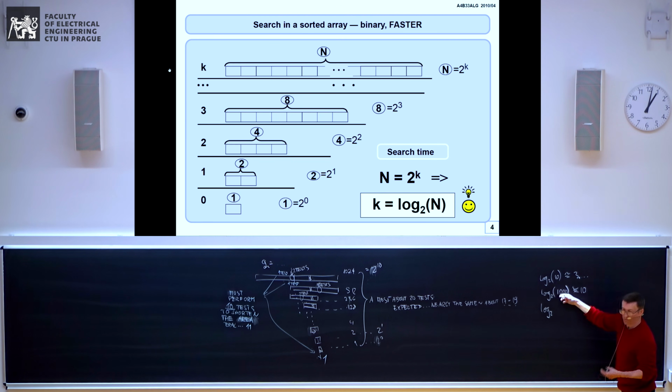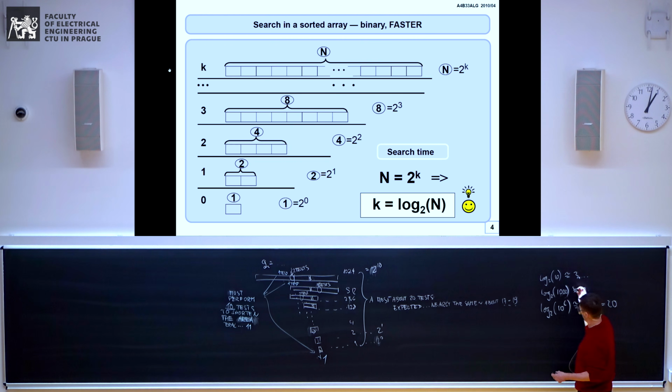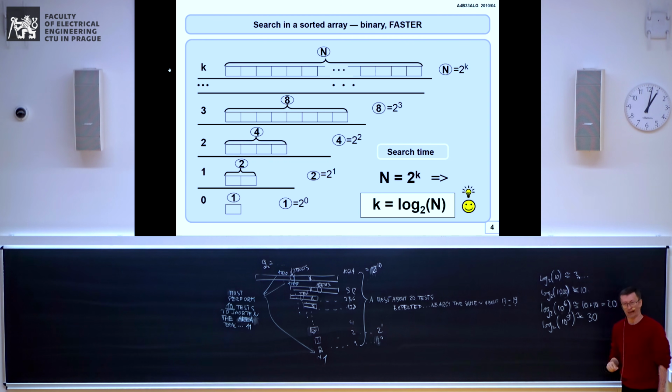Therefore, if you multiply 1,000 by 1,000, I mean 1 million, of course, the logarithm is the sum of the logarithms of 1,000, which is then 10 plus 10, which is about 20. And again, if you multiply the argument by another 1,000, you will get 10 plus 10 plus 10. So the binary logarithm of 1 billion is about 30.